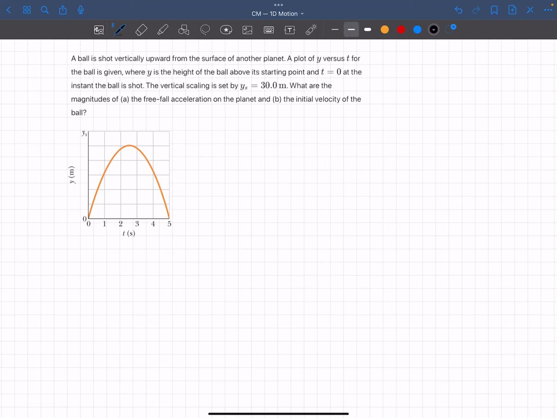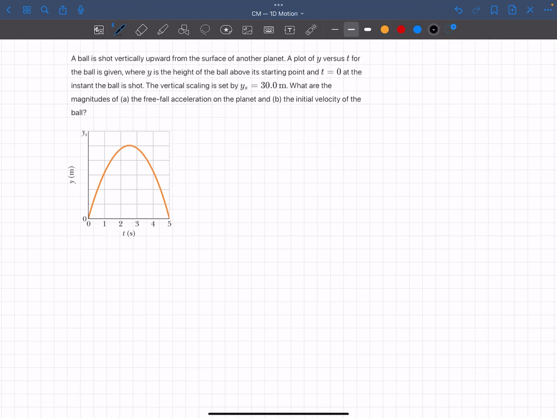The vertical scale is set so that y sub s is 30 meters, and from the graph we can see that the ball's peak height is 25 meters and the total flight time is roughly 5 seconds. So in this question there are two things we need to find. The first one is the magnitude of the planet's free fall acceleration, and the second is the ball's initial velocity.